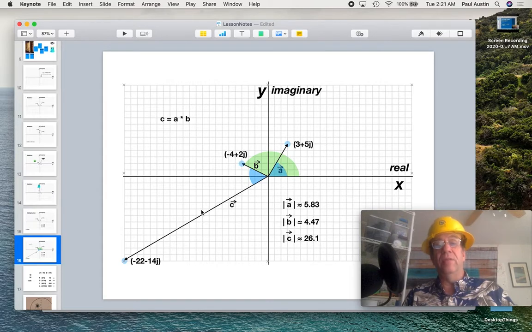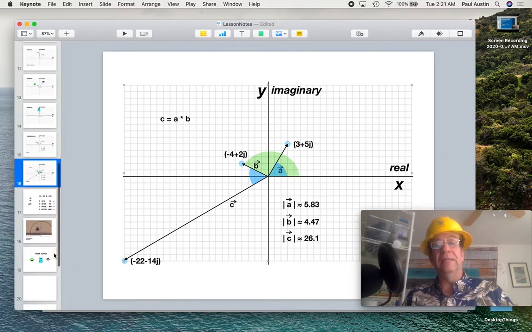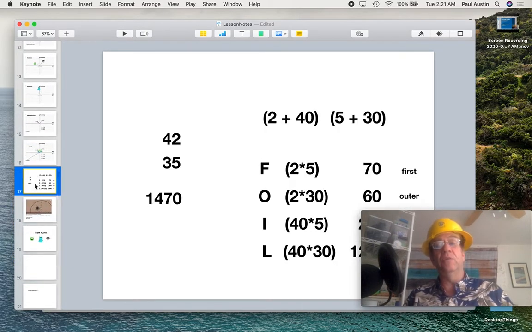And the length of vector C is going to be the product of this vector's length and this vector's length. We could have figured that out with the Pythagorean theorem. In fact, if you break it down, that's what's happening. But this multiplication, when you look at it in little pieces, does start to get a little bit lengthy. And again, we'll just take a real quick glimpse at it.